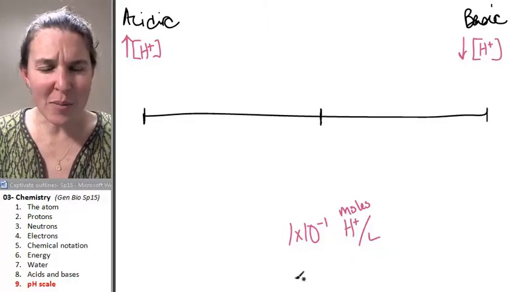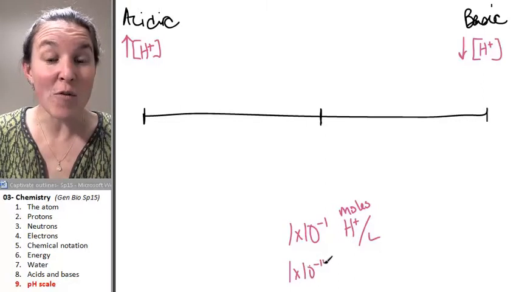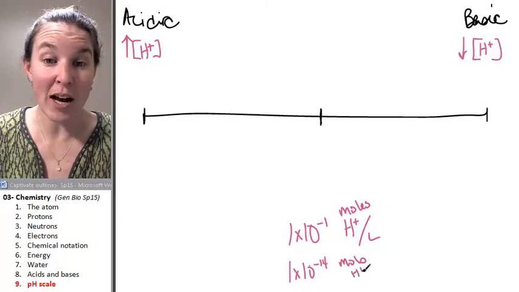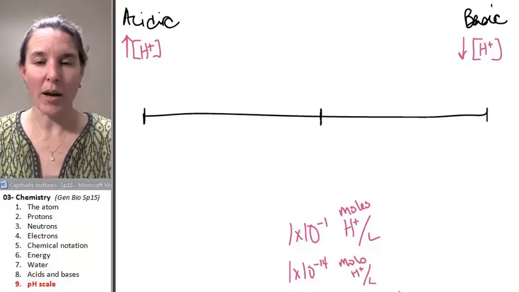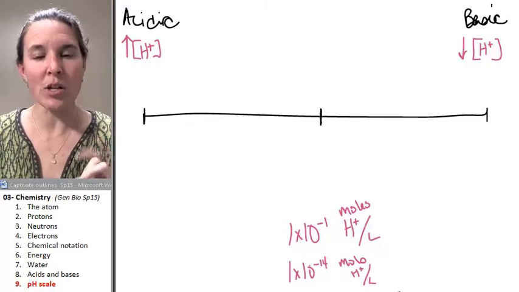And the other number is 1 times 10 to the negative 14 moles of hydrogen ions per liter.